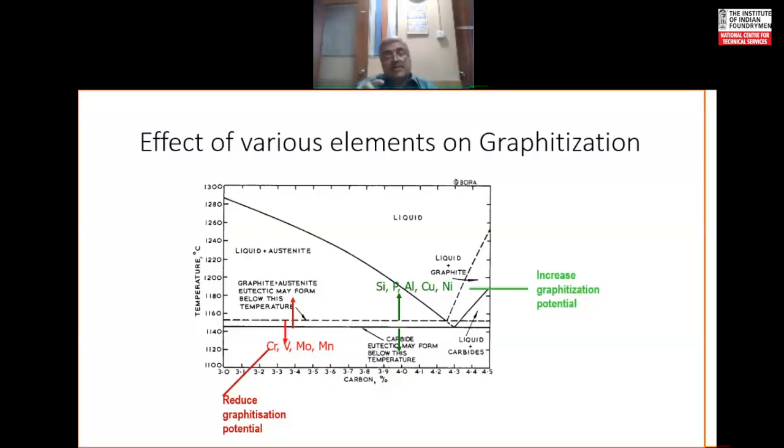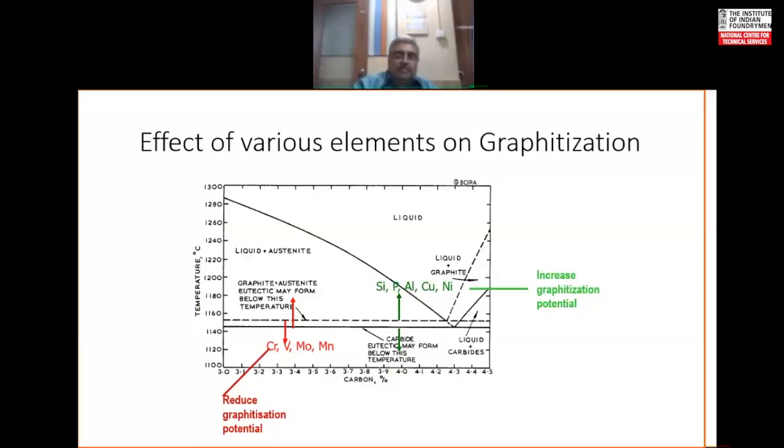So when the metal is solidifying from, say, this temperature and you have a higher amount of these elements, there is a good chance that you will land up with carbides in your matrix.